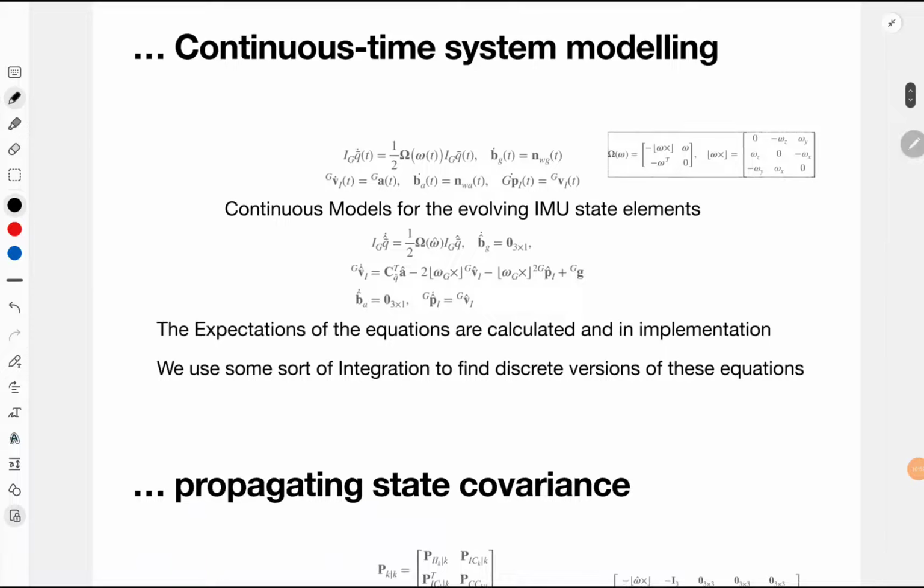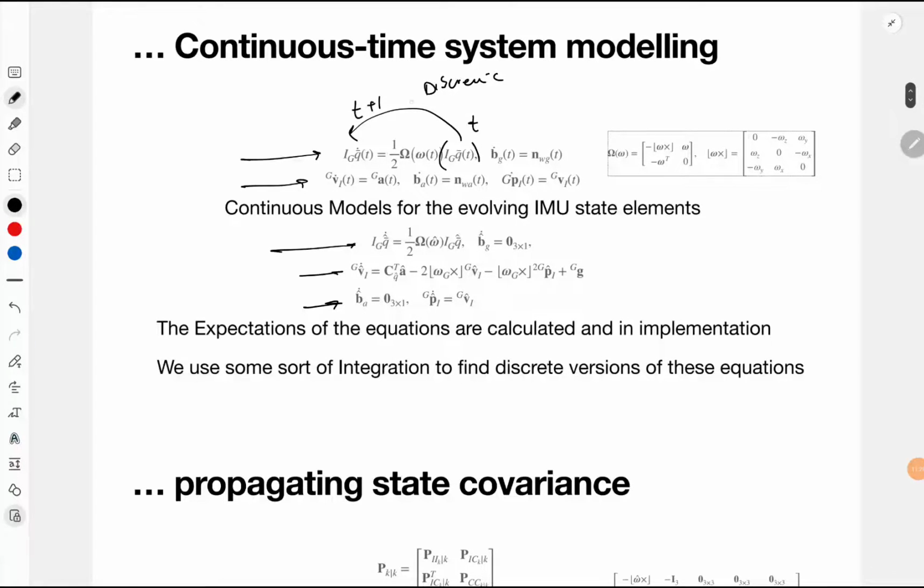So these are just the measurement models. What they are representing is how certain things progress in time. So if this is at t in a discrete version of these, this is what the quaternion would be at t plus 1. Of course, it shouldn't be t plus 1, this should be this as this approaches 0, because this is the continuous case of these measurement models.